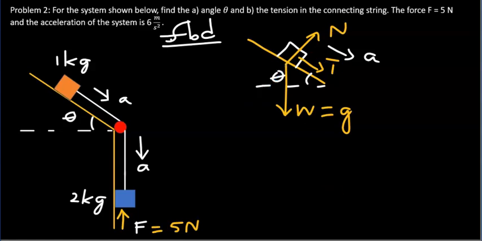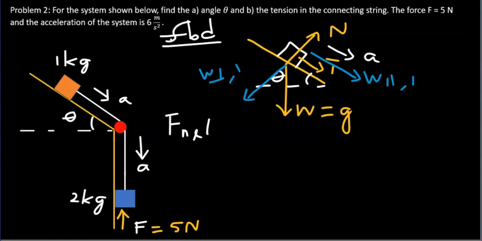Now there are two components to the weight. One is the component of weight perpendicular to the plane, and the other is the component of weight parallel to the plane. Now we are ready to write down Newton's second law. The net force on this 1 kg object is down the plane because that is the direction of acceleration. And the net force is given by tension plus the component of weight parallel to the plane. So we can write it as T plus W parallel.